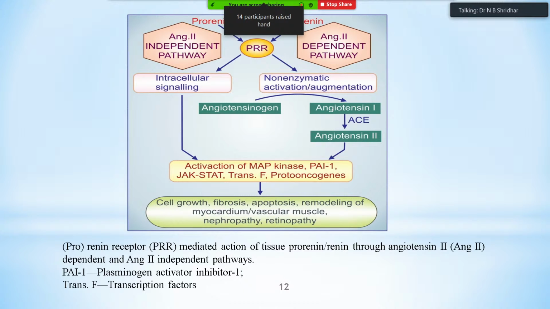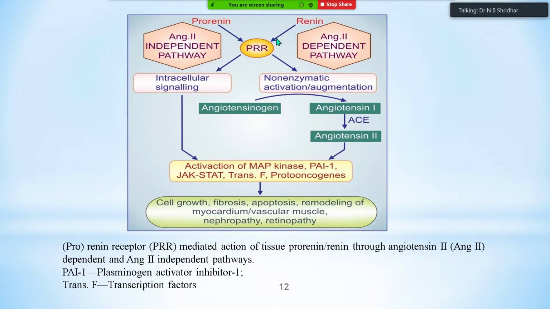Ultimately this is related to cell growth, fibrosis, apoptosis, and remodeling of the myocardium and vascular muscles, especially during nephropathy and retinopathy. So this is the pathway by which prorenin and renin act on the prorenin receptors.